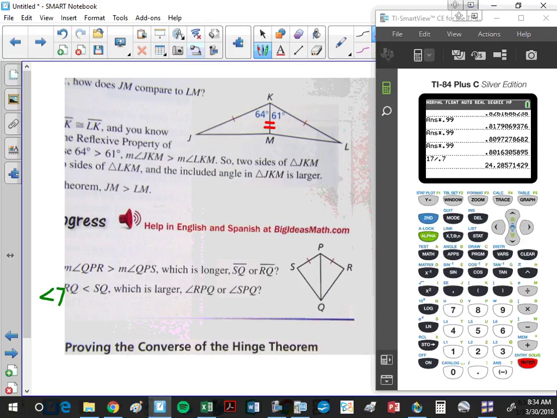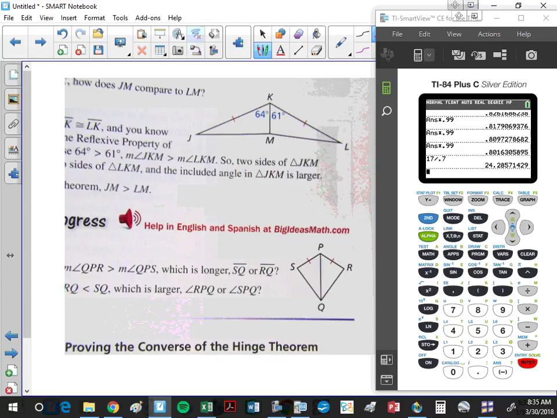We want to compare the size of JM to ML. Is JM bigger, smaller, or equal to ML? JM has to be larger. 64 is bigger than 61, so we would put greater than.